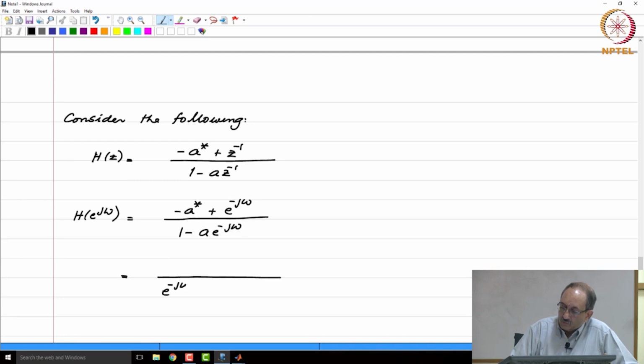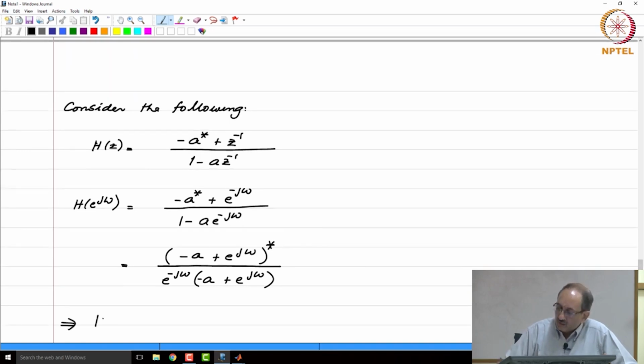I can take e to the minus j omega outside in the denominator. Therefore, this becomes minus a plus e to the j omega, all right. And here I can write this as minus a plus e to the j omega complex conjugate.